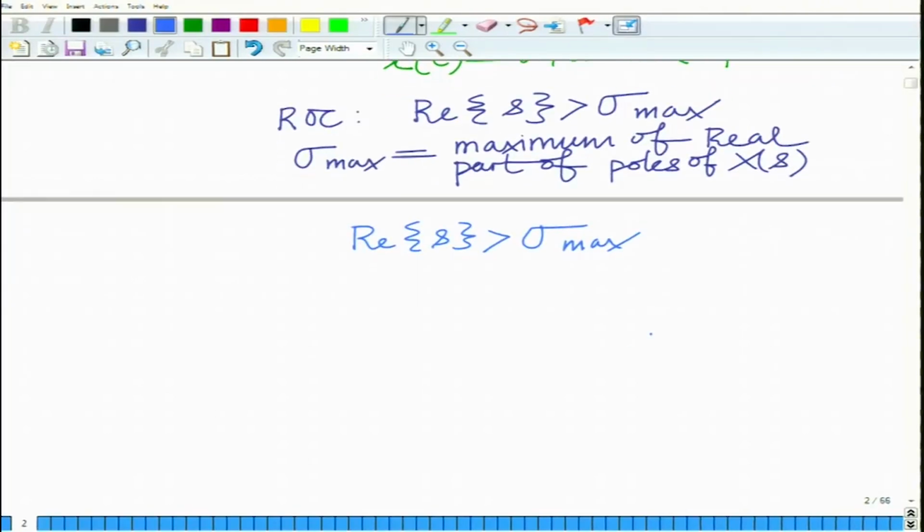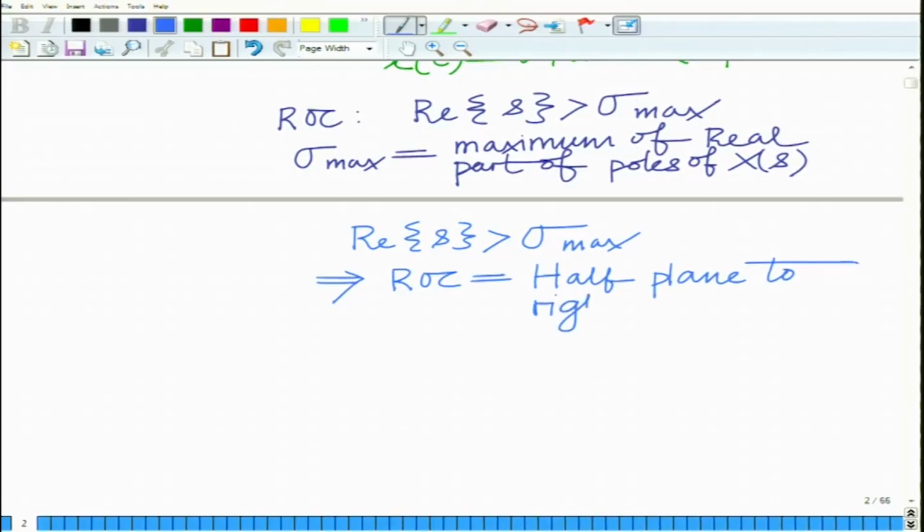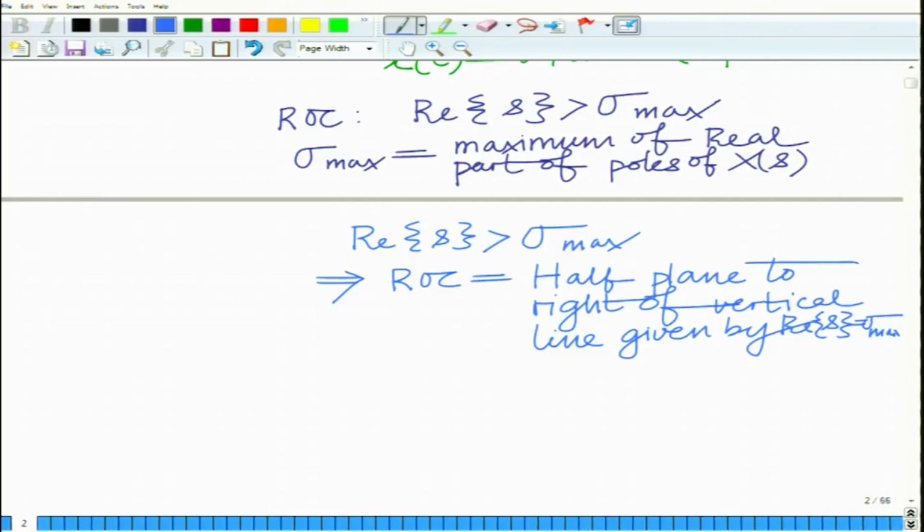This implies that the ROC is the half plane to the right of the vertical line given by real part of s equals sigma max.